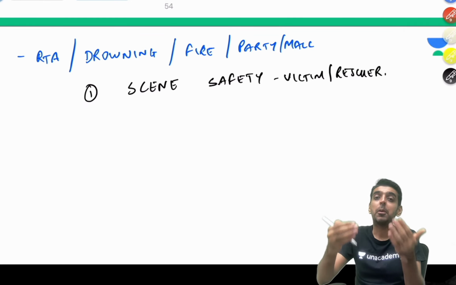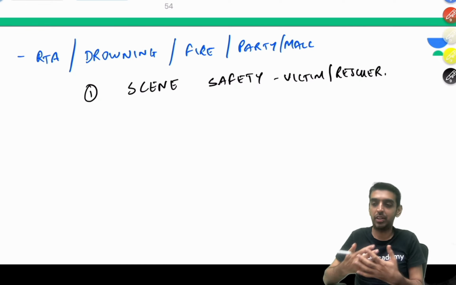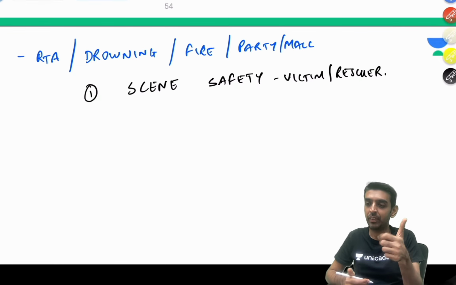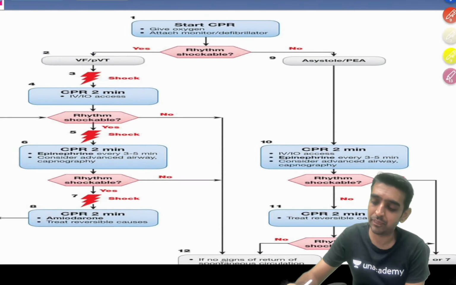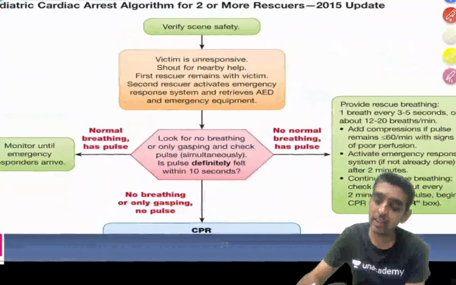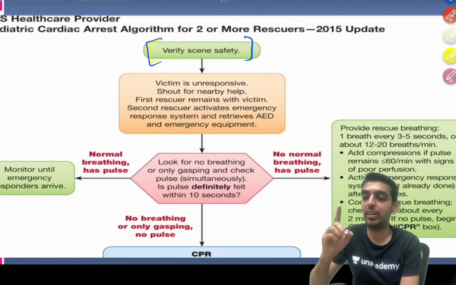You will first bring the patient to the side of the road, to the footpath, and then start resuscitating. So the first thing to be checked is scene safety. Clear?